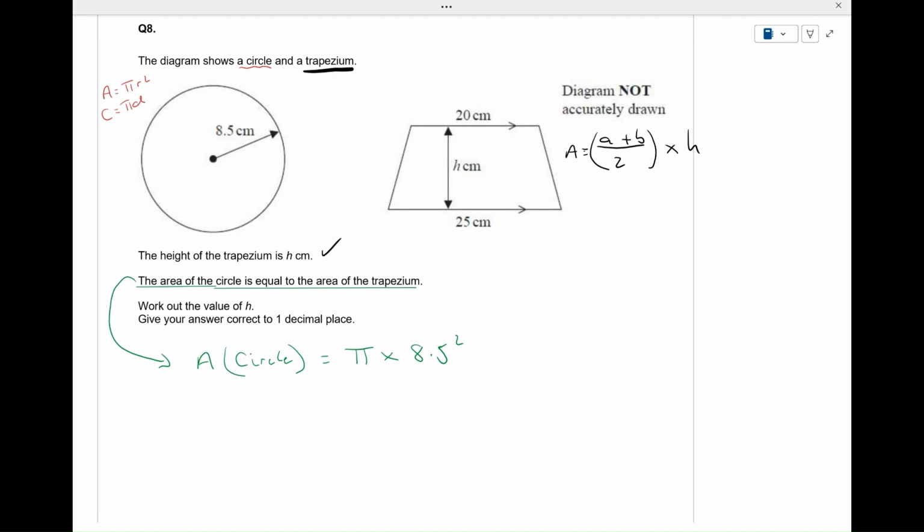So, pi times 8.5 squared. So that, now I'm going to write down enough decimal places so that I don't get inaccuracies later. Okay, the area of the circle is the same as the area of the trapezium.